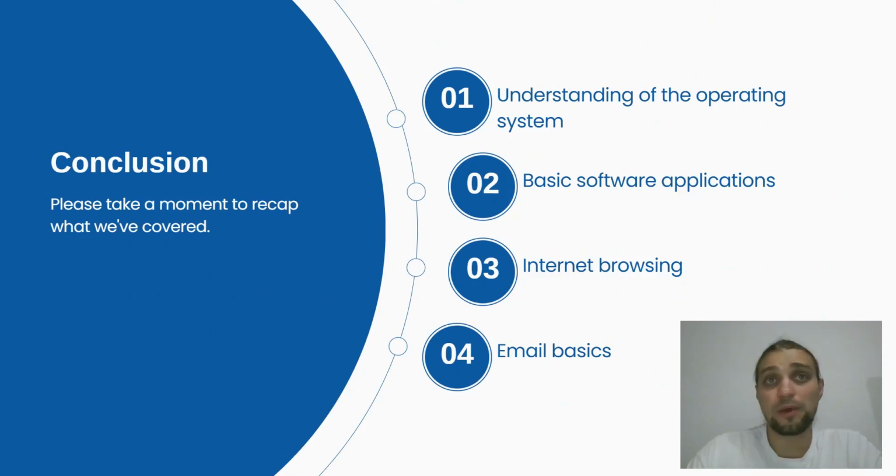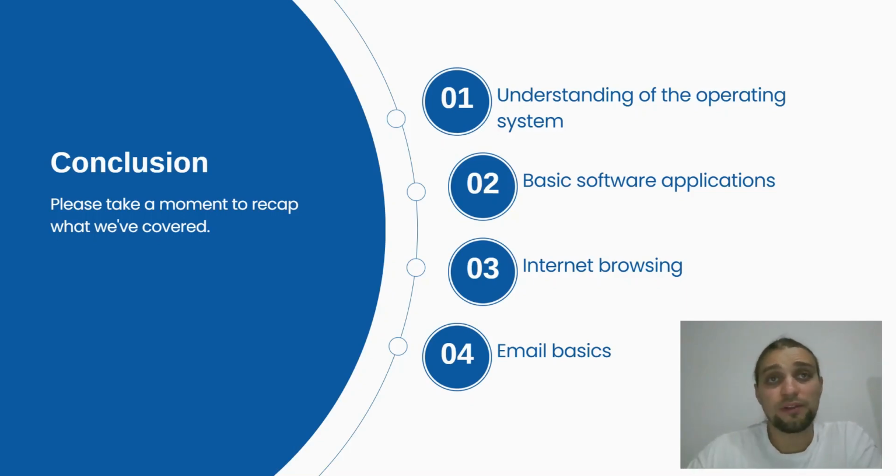As we wrap up this video, let's take a moment to recap what we've just covered. We started with the understanding of the operating system, the backbone of your computer, and learned how to navigate it effectively. We then moved on to basic software applications, where we explored word processing, spreadsheet, and presentation software and their key functions.